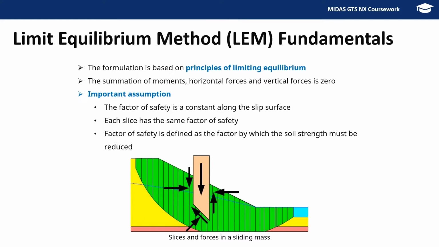That is, the factor of safety is constant along the slip surface. Every slice has the same FOS, and the factor of safety is defined as the factor by which the soil strength must be reduced. If we look at the image below, these are the slices and the forces acting on each slice, or the free body diagram of each slice: the vertical forces, the reaction forces, and the moment based forces.